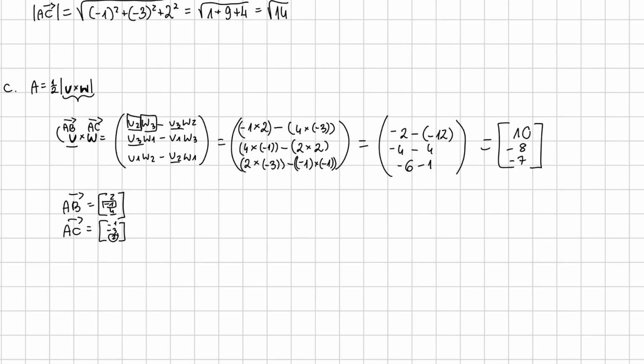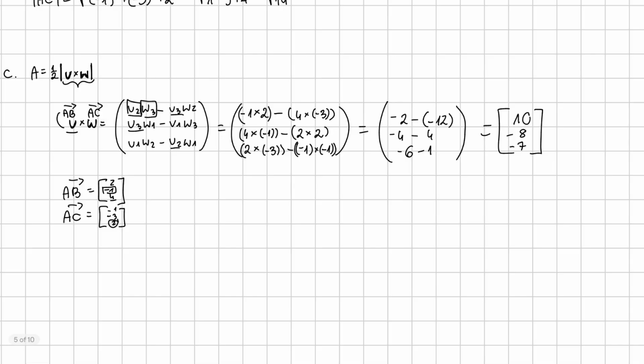These are my calculations. You can check if your answer is the same. Our vector is (10, -8, -7). Because here we have vertical lines, we have to calculate the magnitude of this vector. Once again, we have 10 squared plus -8 squared plus -7 squared, and this is the square root of 213.